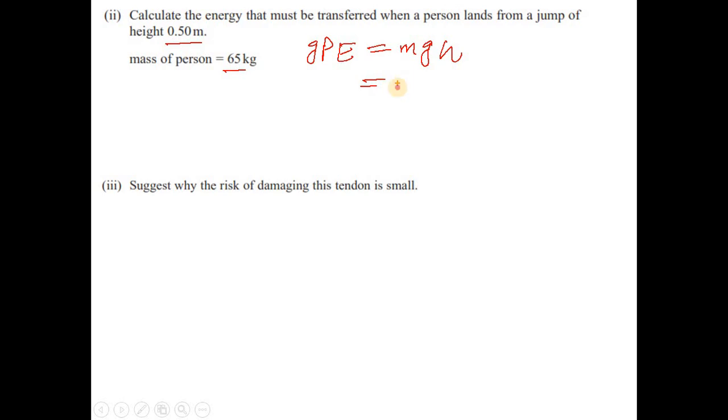You can say that 65 times 9.81 times the height of 0.5, so GPE is 318.82 joule.